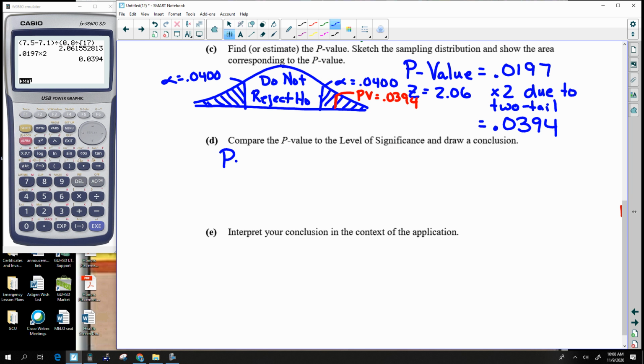So I notice that my p-value is less than my alpha. That means I reject H0. That's in the rejection zone.